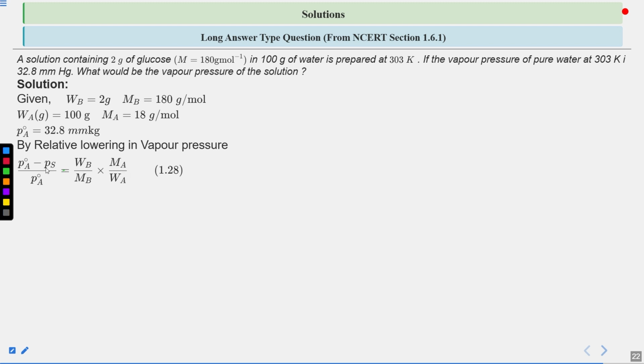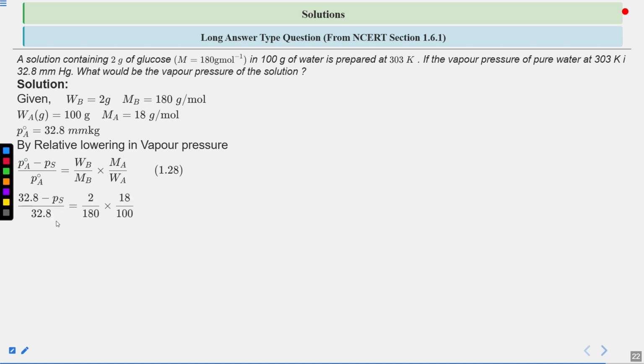As I said previously also, this whole term (P naught A minus Ps) upon P naught A represents the relative lowering in the vapor pressure. Wb is the mass of the solute, Ma is the molar mass of the solvent, Wa is the mass of the solvent, and Mb is the molar mass of the solute. We use this equation, which is termed 1.28 in our NCERT textbook in the solution chapter.